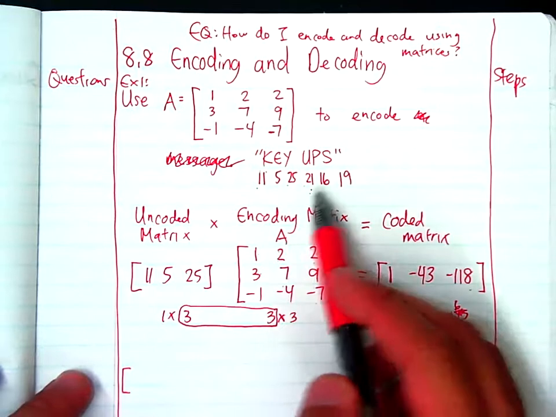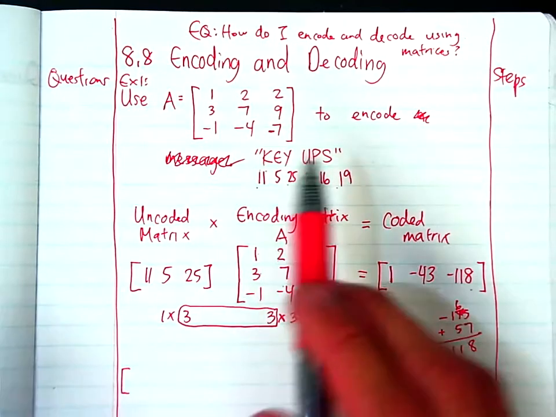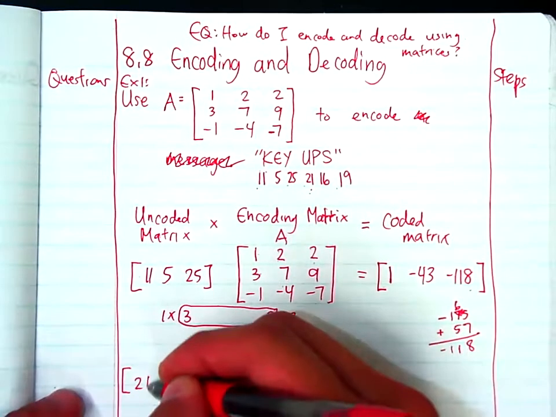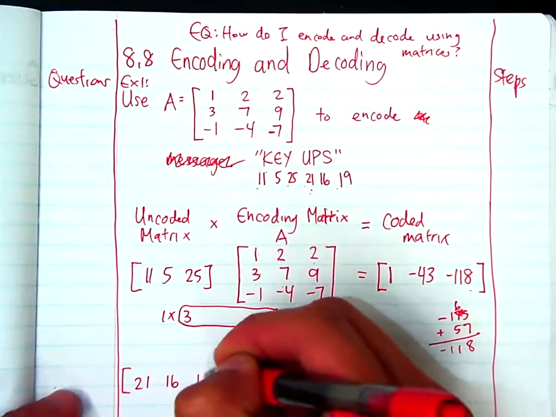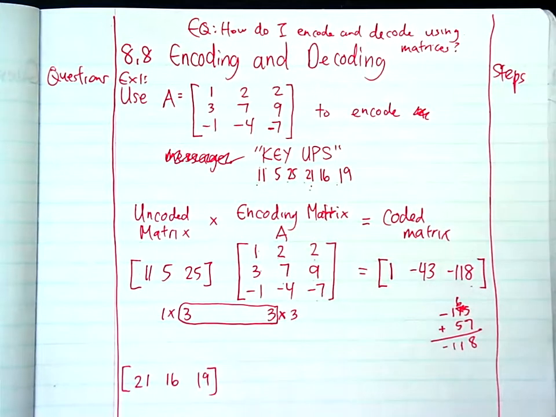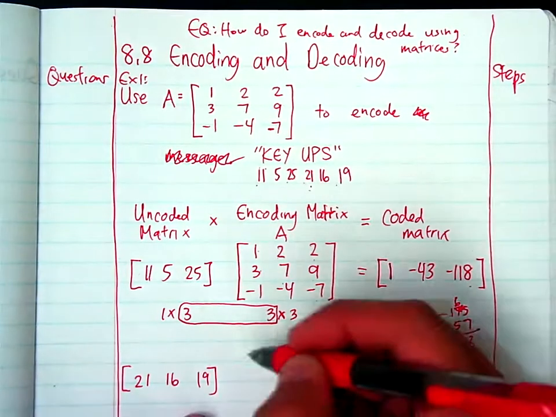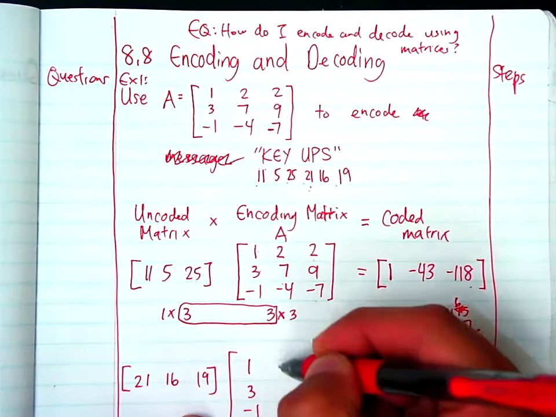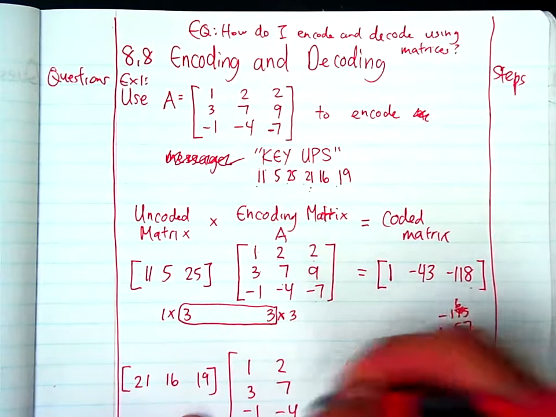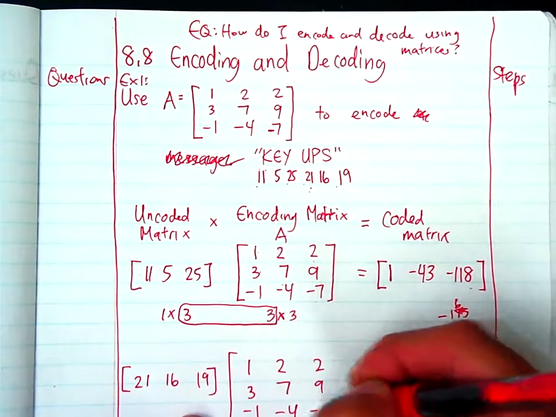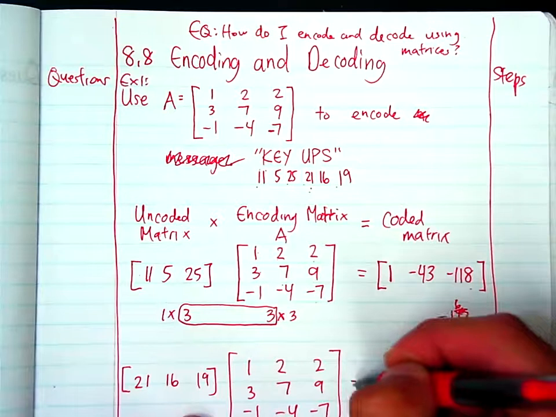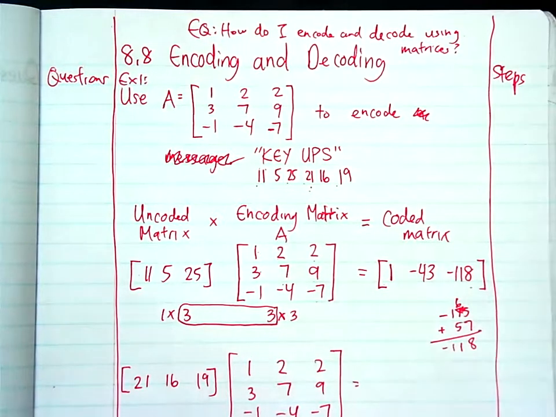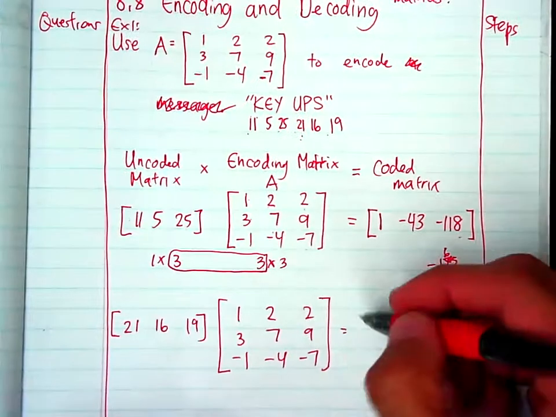My next 3 numbers are 21, 16, and 19. So 21, 16, and 19. And then I'm going to multiply it by the same matrix, and end up with the rest of the coded message.